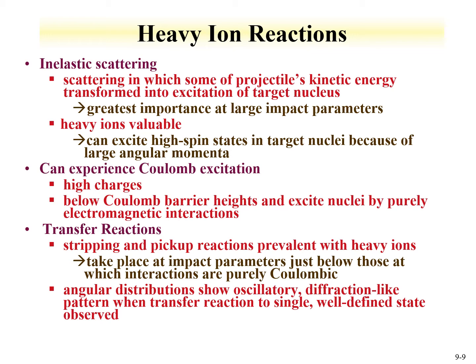These can take place when impact parameters are just below those at which interactions that are purely Coulombic occur. Some of the results can be measured with angular distributions, which show a diffraction-like pattern when transfer to a single well-defined state is observed. So you can get information about nuclear states from the behavior in these transfer reactions.